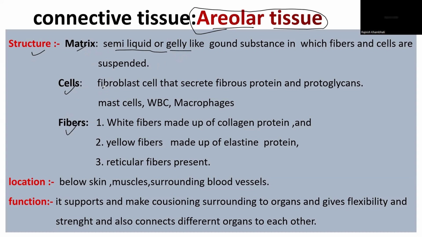And cells: fibroblast cells are there, mast cells are present, WBC is there, macrophage is there. These are the cells present in areolar tissue. And fibers: white fiber, means collagen fiber, is there, yellow fiber is there, and reticular fibers are present. Okay, now you know their proper meaning. So this is the structure of the areolar tissue.